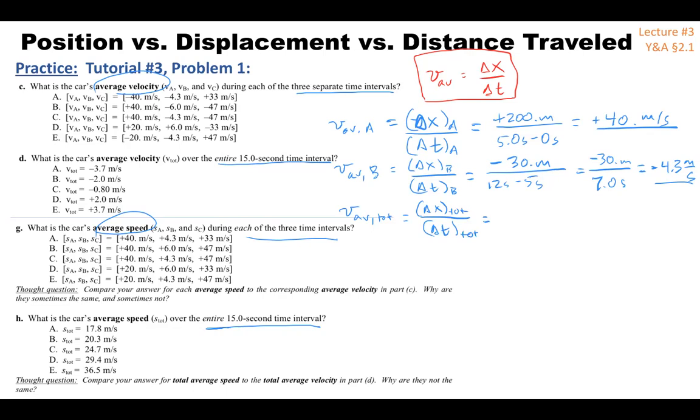Again, we already calculated this in 1b, and the displacement over the entire time interval was positive 30 meters. And the time of the entire time interval is 15 minus 0, or just 15 seconds. So that's equal to an average velocity of positive 2 meters per second over the entire time interval.